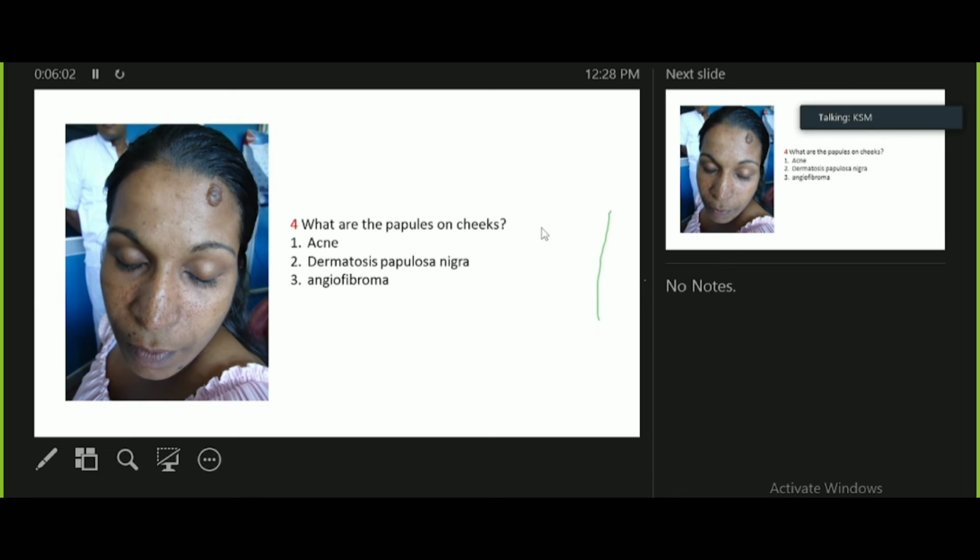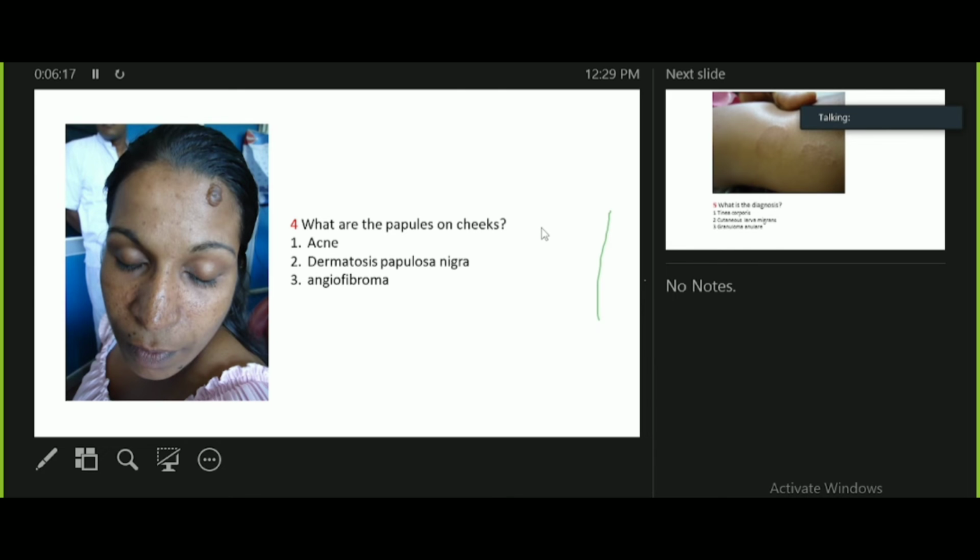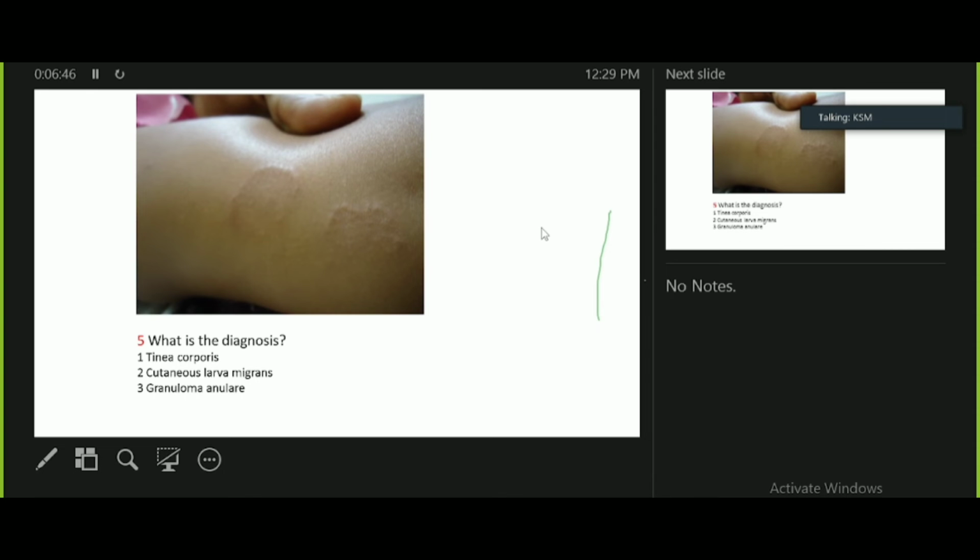Number 4, what are the papules on the cheeks? What is the diagnosis? Number 5.